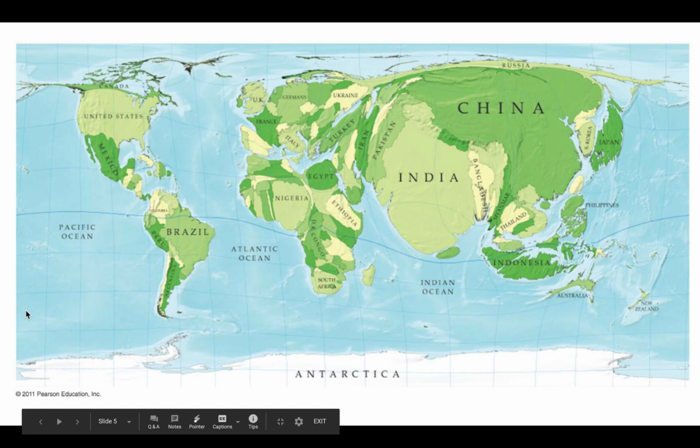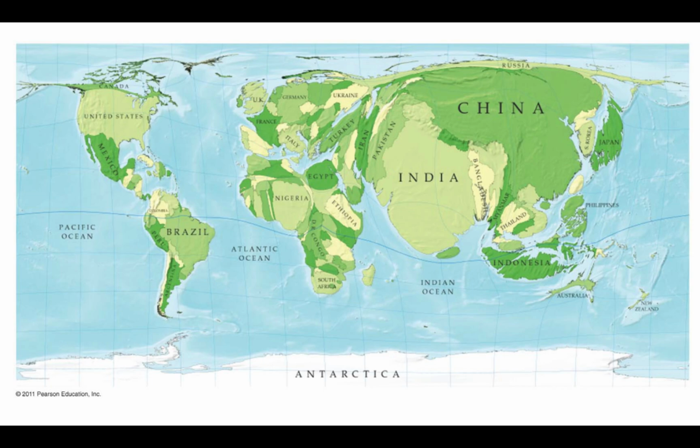When we look at this map, think about what map this is. This is good for those of you that said cartogram, where the size of the country is representative of the population. We can see the 2 most populated countries in the world are both China and India. When we look at population statistics, we see both those countries really close.